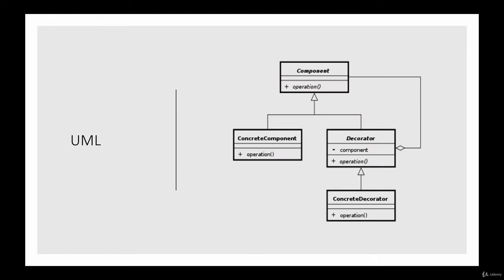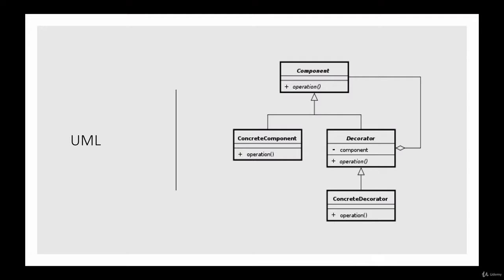Let's have a very small example, and this is a UML diagram for the decorator pattern. What it says is whatever you want to decorate and whatever you want to decorate it with, you provide the behaviors for these two different components in a separate component, and you actually extend that behavior from that component.